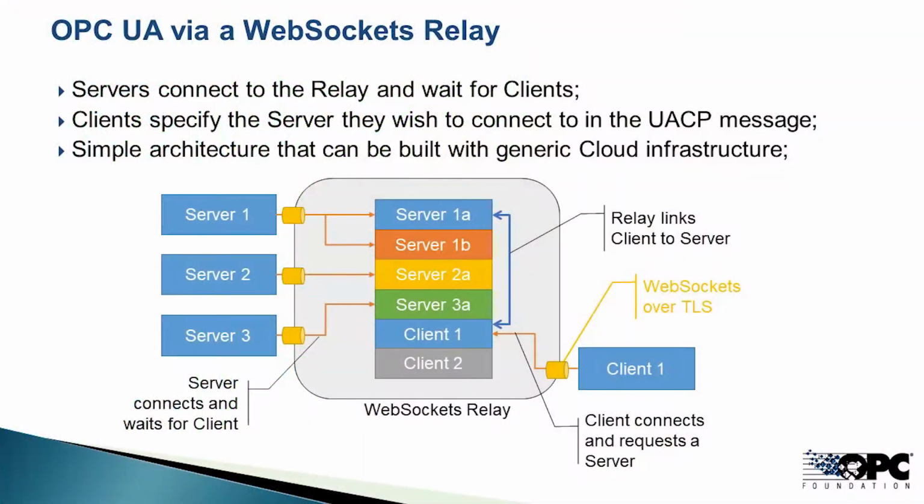Well, OPC UA via a WebSockets relay is an option that will allow you to work with that particular architecture. In this case, you have a WebSockets relay that's sitting in the cloud at a place which the server's configured to know about. It connects using HTTPS, and you get your certificate authentication going there. And it simply advertises the fact that it's available.